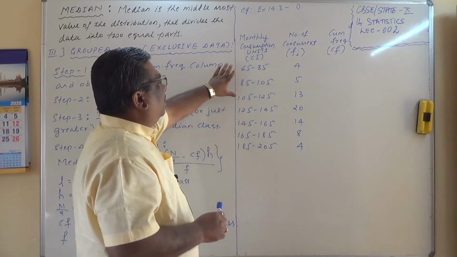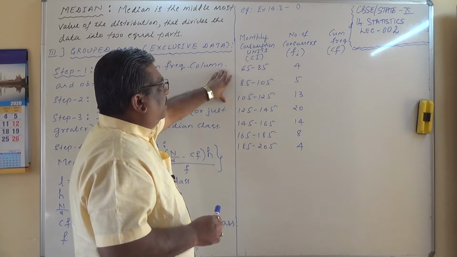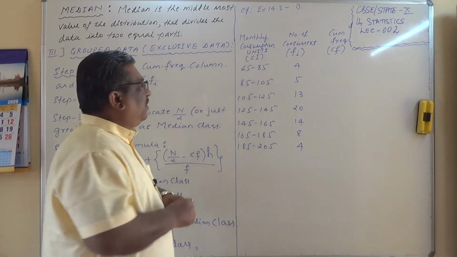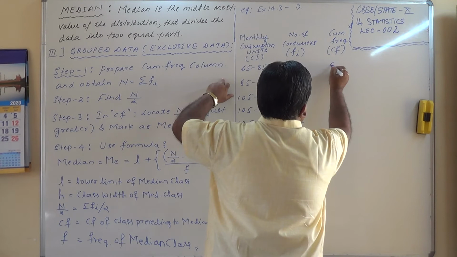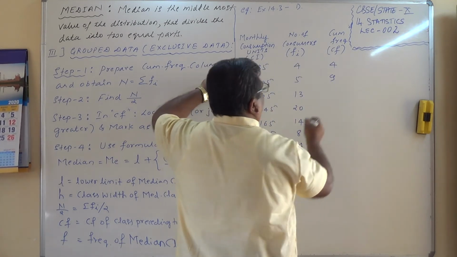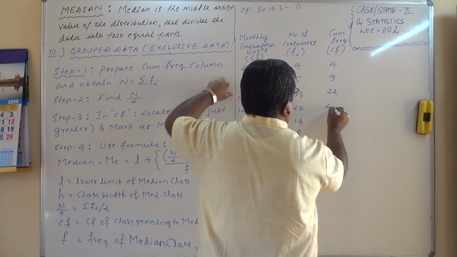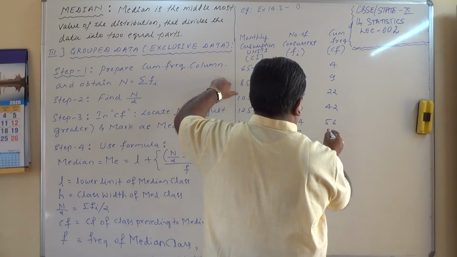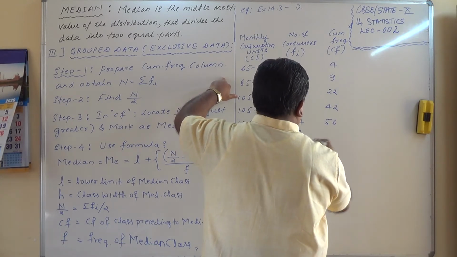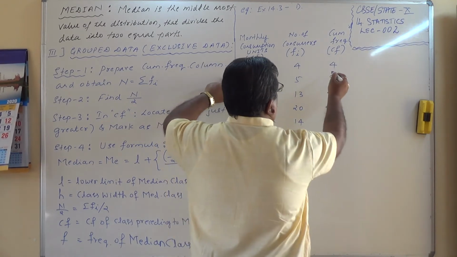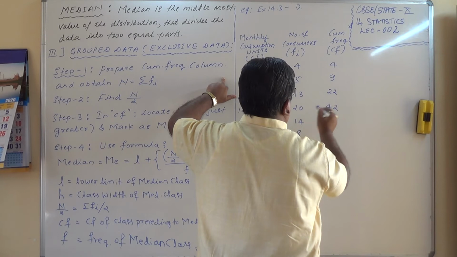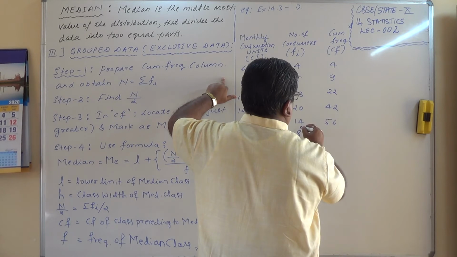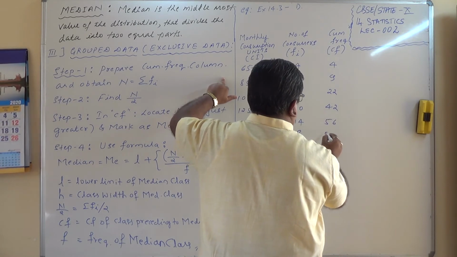So what is the next step? We know the class intervals, which are monthly consumption units and number of consumers. Next step is to find the cumulative frequency column. So let us find that. 4, 5 plus 4 is 9, 22, 42, 56, 64.